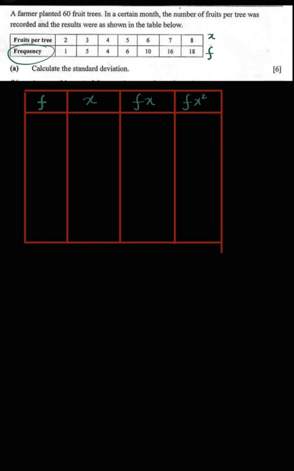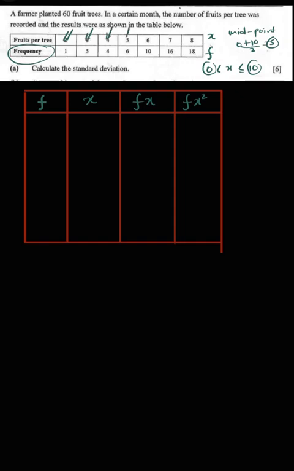Then x. In the previous video we saw that x was given in form of ranges, and to find x we needed to find what we called the midpoint. We needed to add this value to this value, then divide by 2. So we were saying 0 plus 10, then we divide by 2. But in this case, you can see that each value of x has already been given.